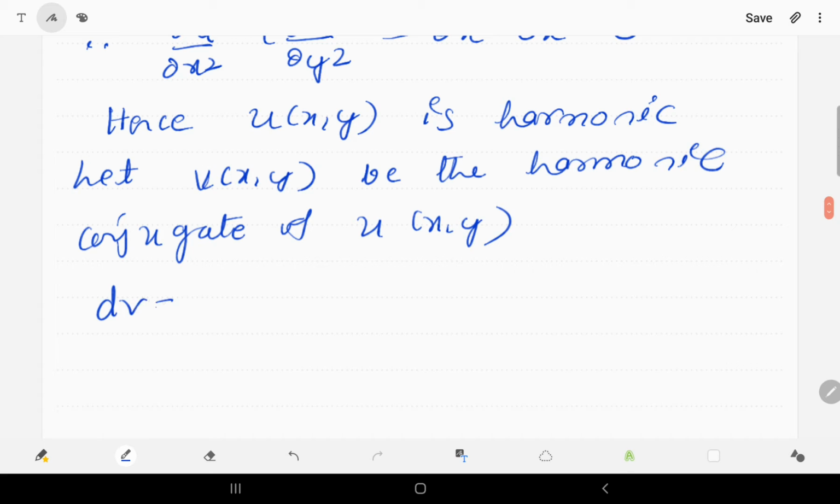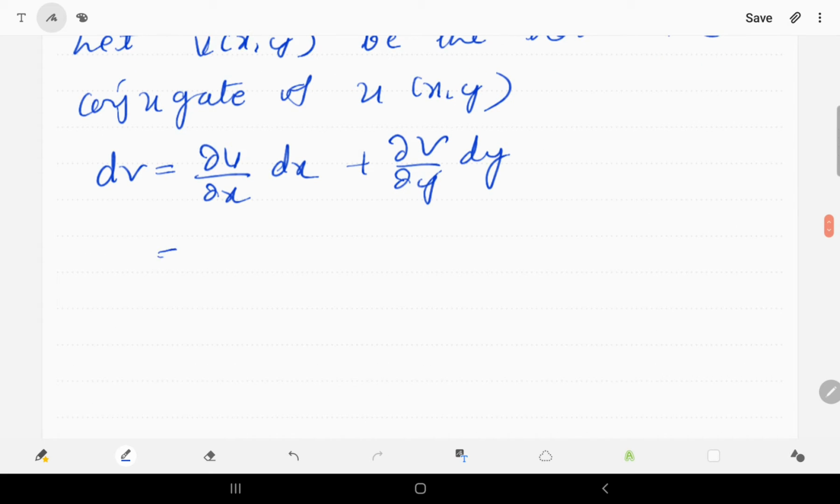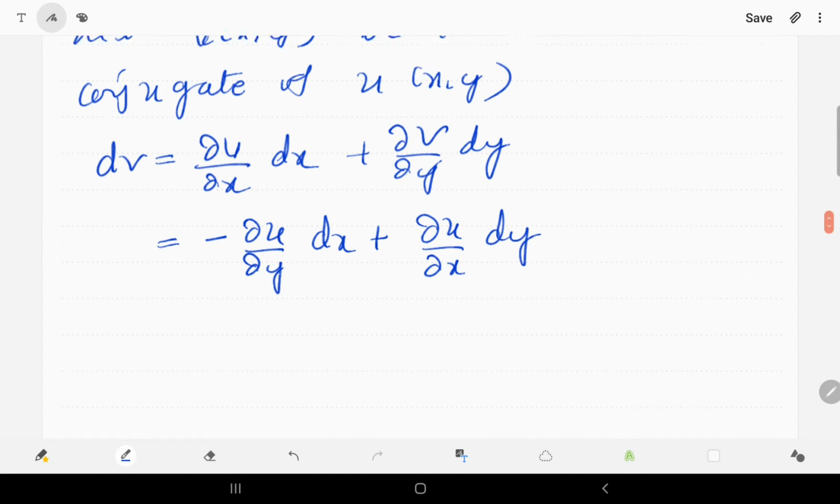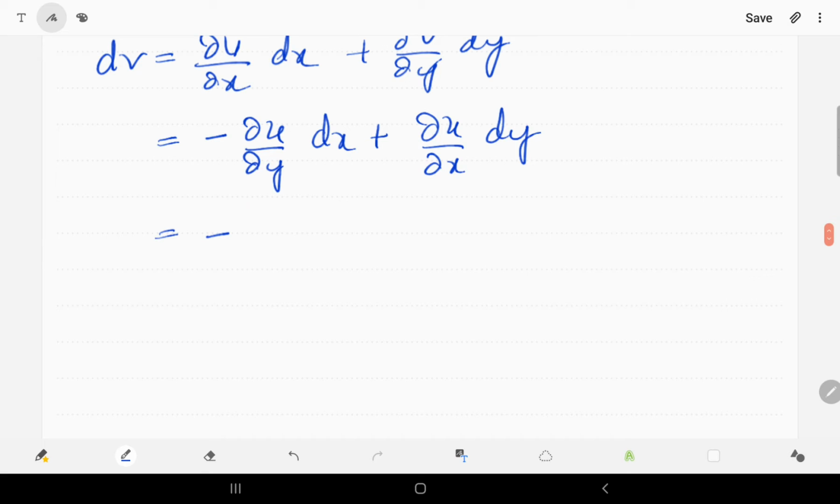Therefore dv is equal to dou v by dou x into dx plus dou v by dou y into dy, or dou v by dou x is equal to minus dou u by dou y by using CR equation, plus dou v by dou y is dou u by dou x into dy, or minus dou u by dou y is minus 6xy dx plus dou u by dou x is 3x square minus 3y square into dy.